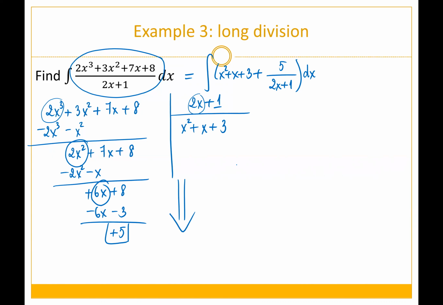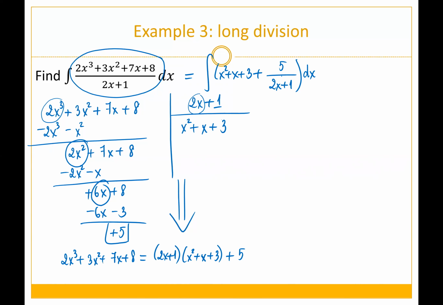This long division allows us to write the fact that 2x cubed plus 3x squared plus 7x plus 8 is going to equal 2x plus 1 times x squared plus x plus 3, from this division we have, and then plus 5. So this is the quotient, and this is whatever I have left, the remaining.